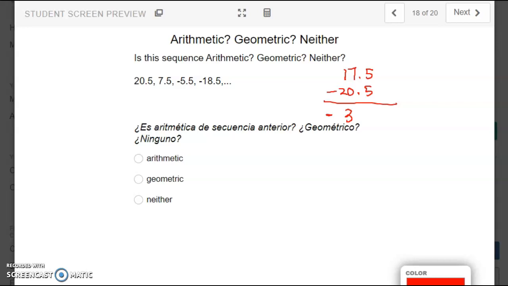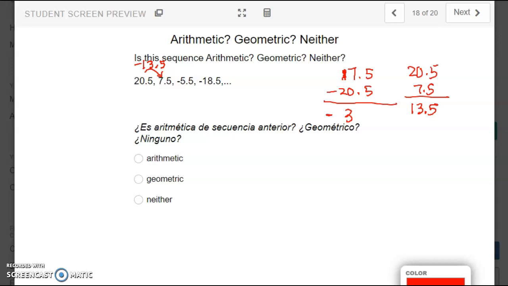Oh, actually, I'm sorry. This is 7.5. So if I subtract 20.5 minus 7.5, I get 13. So the difference is I am subtracting by 13 or adding negative 13 here. Okay, so if I subtract another 13 from 7.5, am I going to get negative 5.5?